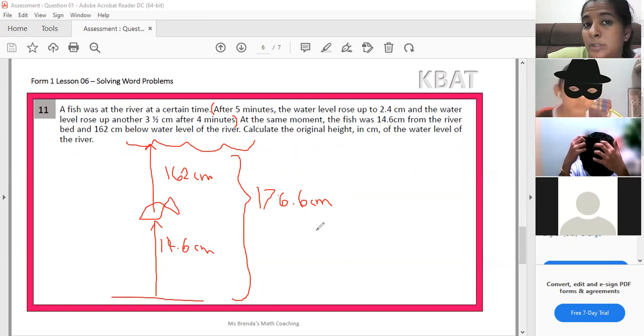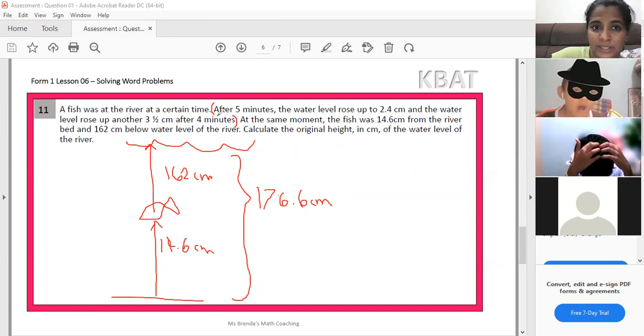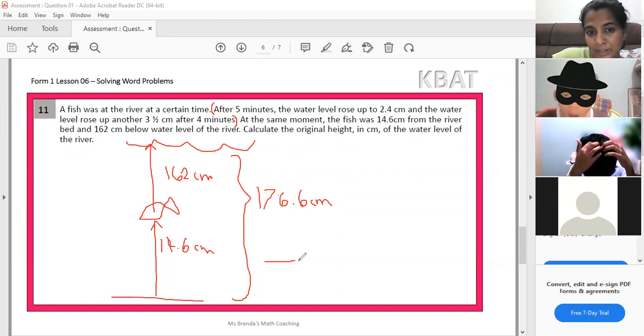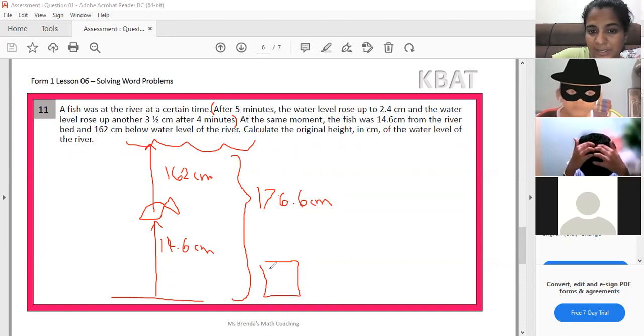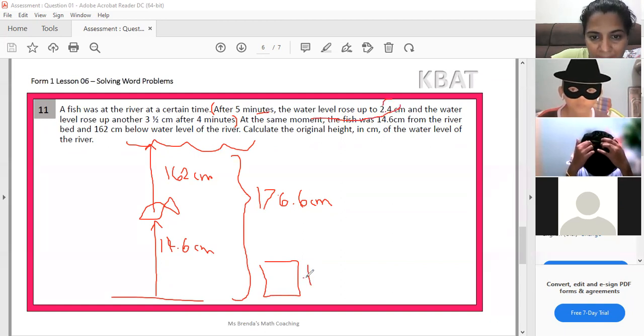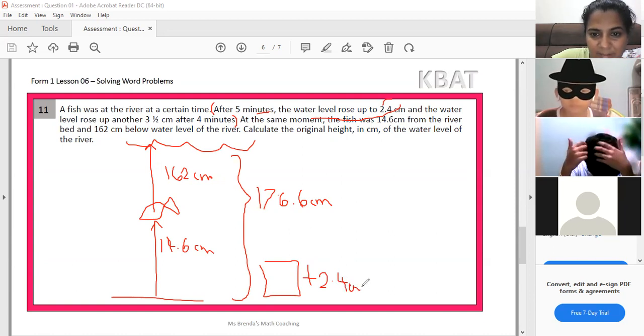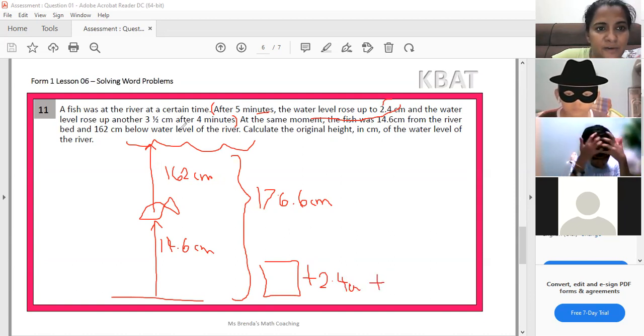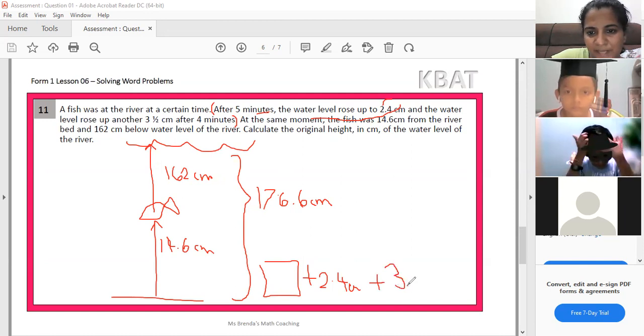However, this was not how the river was originally, because there was a change that happened. So now I put in, originally, I do not know how much. But what happened after 5 minutes? The water level rose up, so plus 2.4 centimeters. And then another 4 minutes, another 3.5 centimeters. Got it?